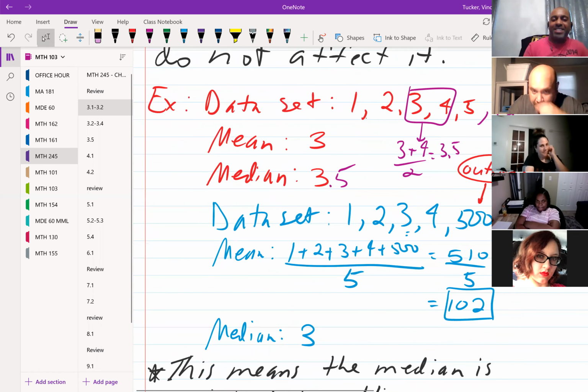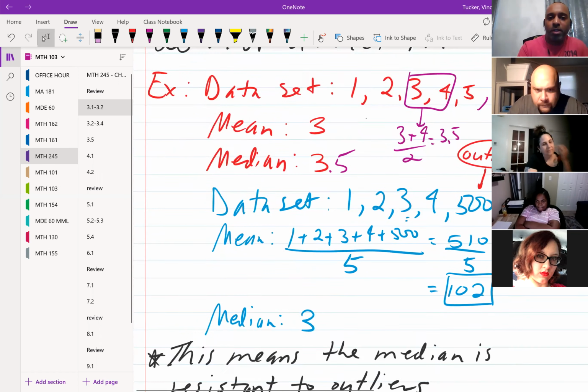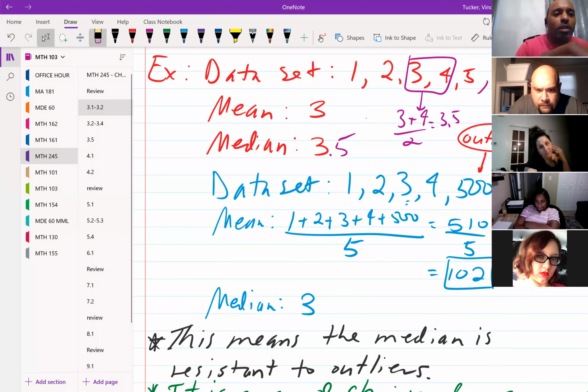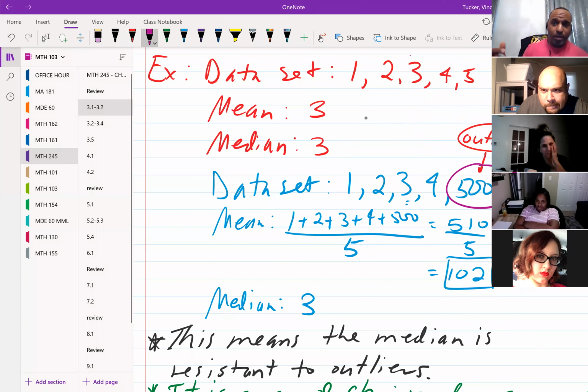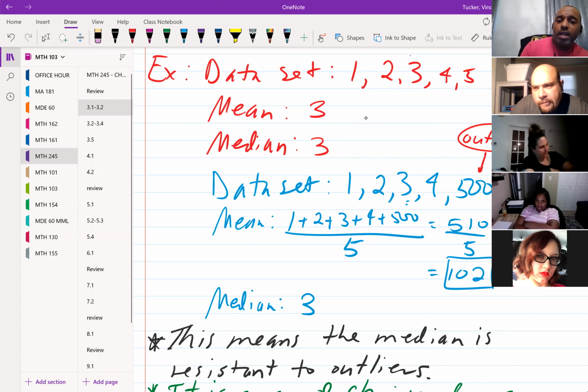All right, so going back to being resistant to outliers. If I were to make this a 500 instead of 5, add them together, divide by 5, I get 102, wherein before the mean was 3.